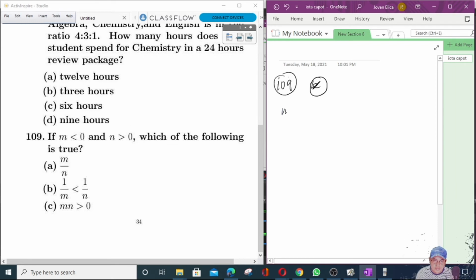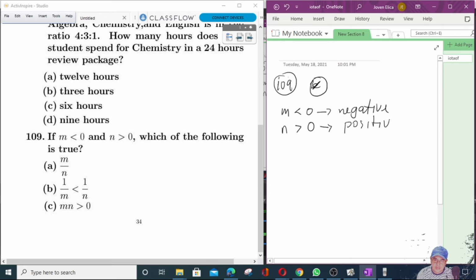Given the condition that m is less than 0 and n is greater than 0. So obviously if m is less than 0, this is a negative number, and n is greater than 0, it's positive.